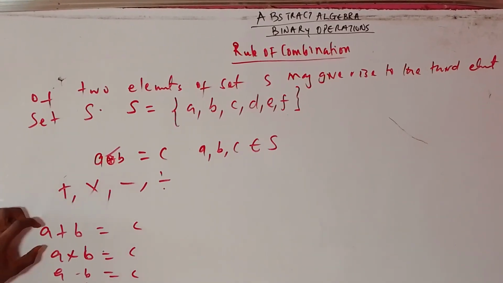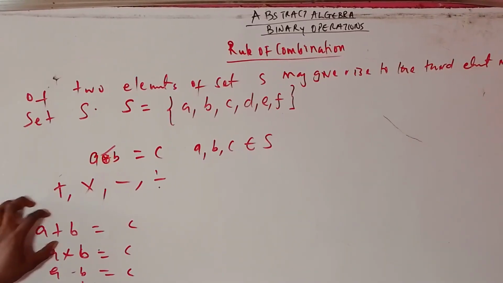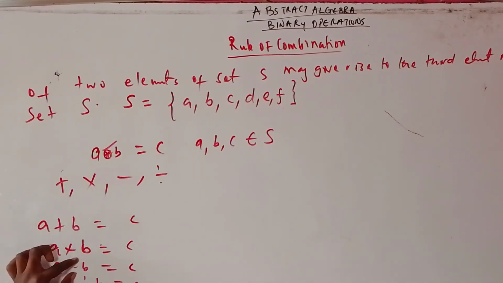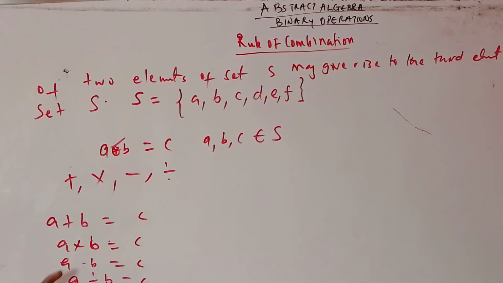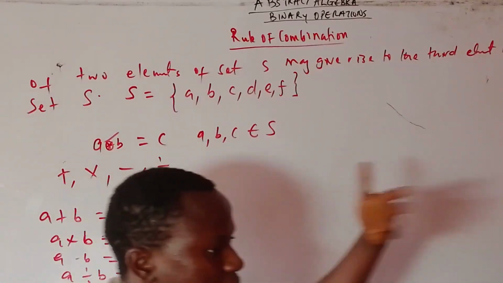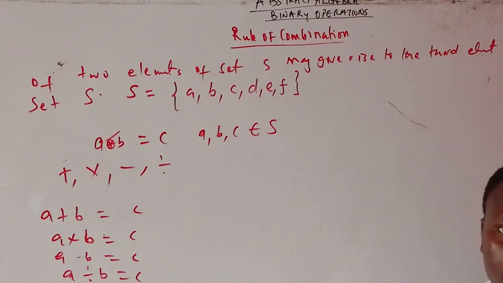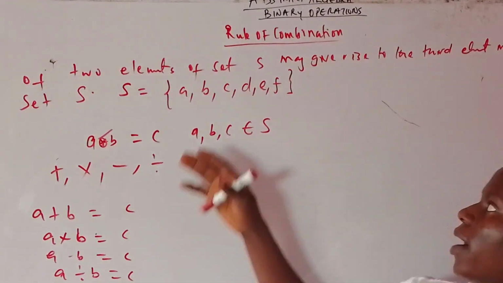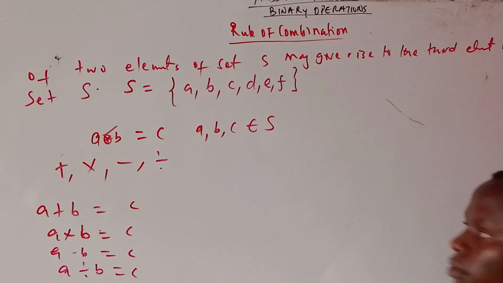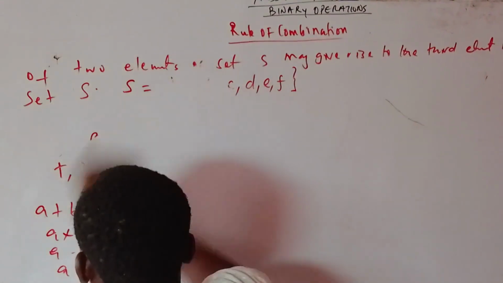A plus B, that is A is combining with B. But the operation here is addition. The operation here is multiplication. The operation here is subtraction. The operation here is division. But we have some advanced combinations. So that is why we are looking into the binary operation.